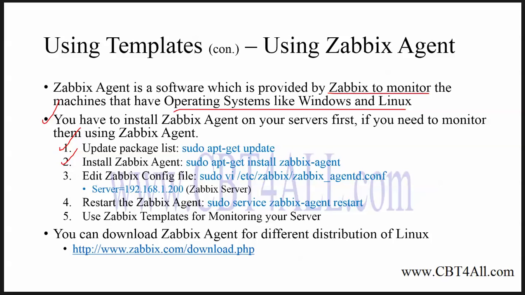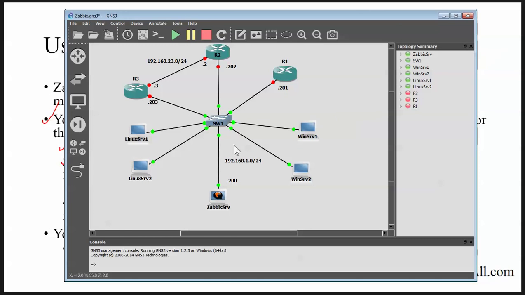What do we have here now? Let me open our scenario. We have the Zabbix server here with this IP address, and this is Linux server 1, and we want to monitor this machine based on Zabbix Agent. We have already installed the Zabbix Agent on this machine, and we should say, hey Zabbix Agent, this is your server, send your monitoring data to this machine.